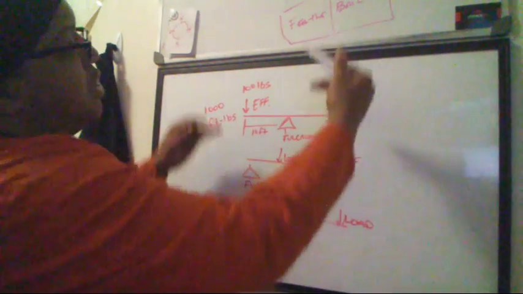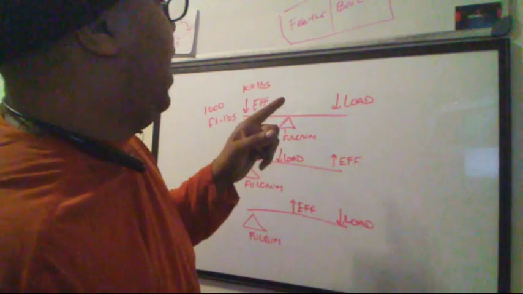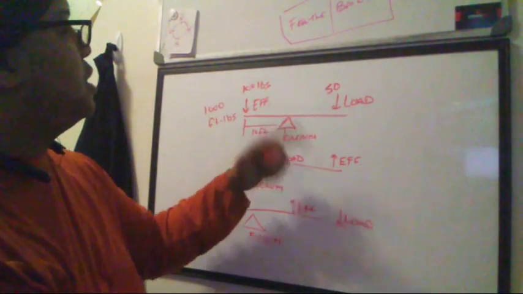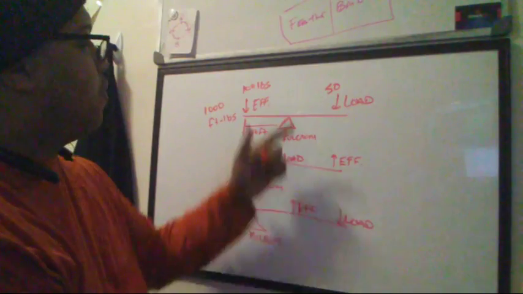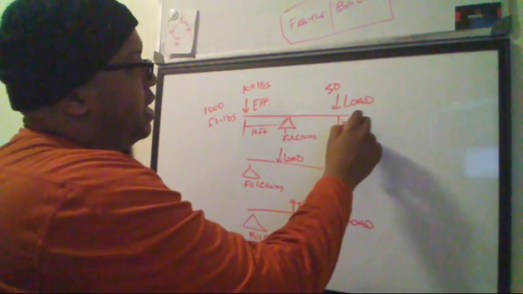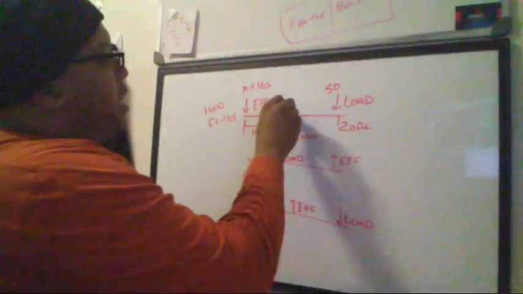In order to get the system to balance out, let's say, okay, well, we're going to put a 50-pound object on this side. How many feet do we need to put this out in order for it to balance the system? And my answer, just right off the top of my head, is 20 feet. The fulcrum I look at like an equal sign.